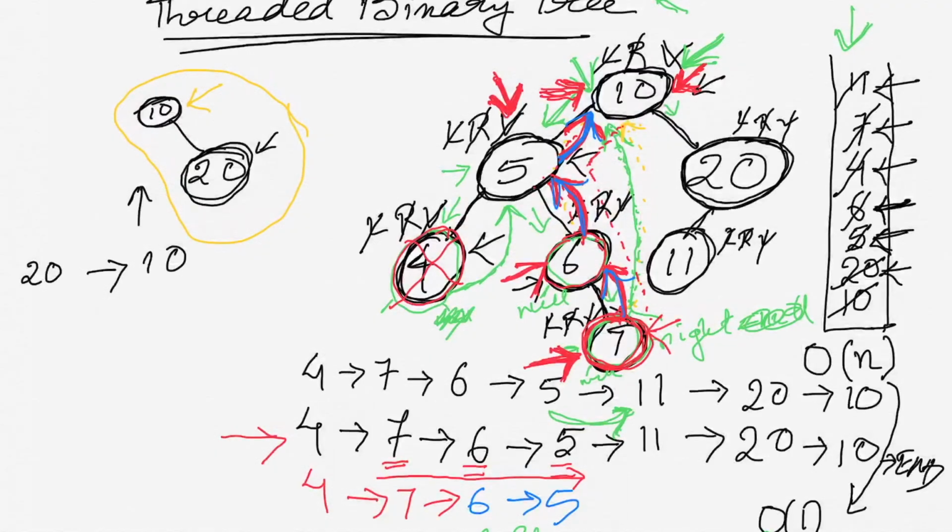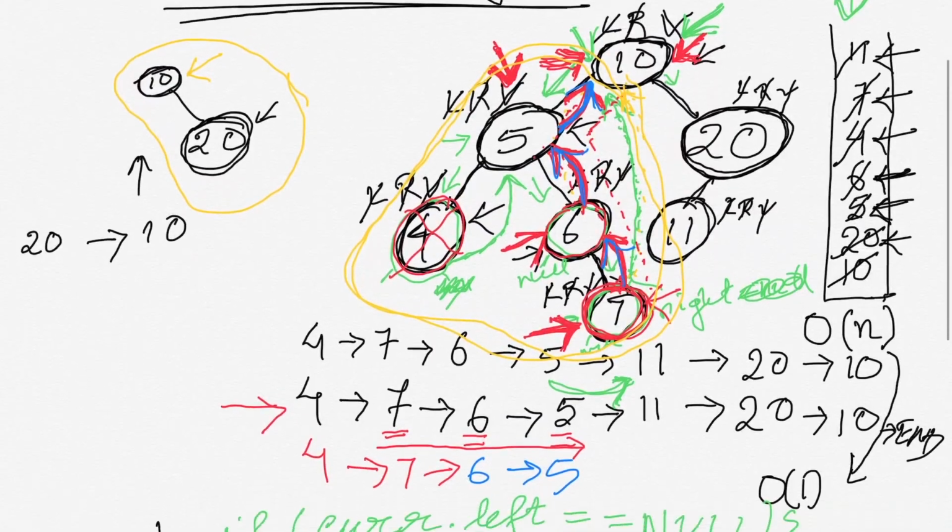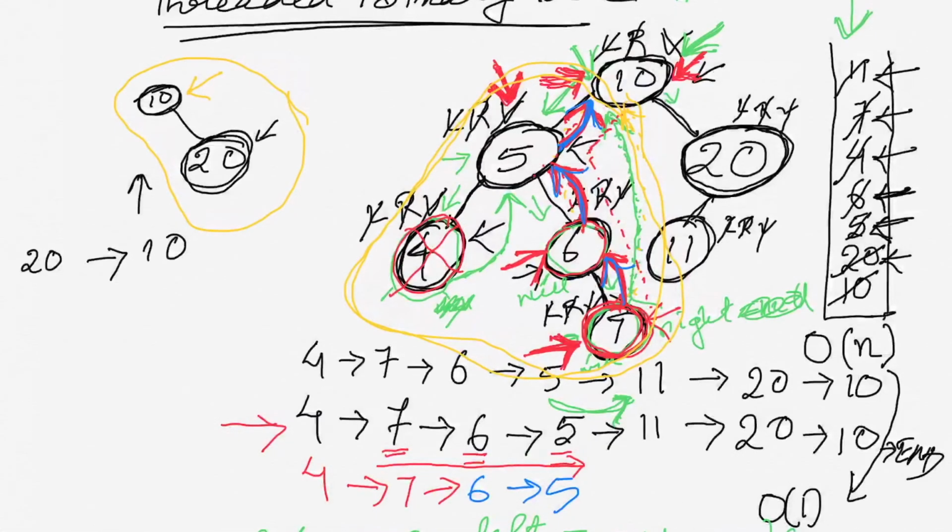So now we know that the whole left subtree is processed. So what we need to do is process the right subtree now. So what we do now is we move on to the right child of the current node. And here we follow the same process that we discussed till now.